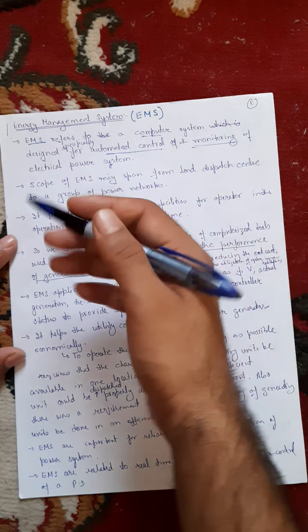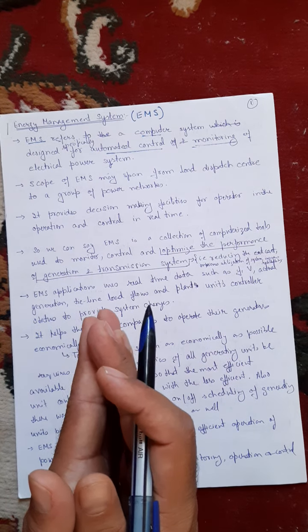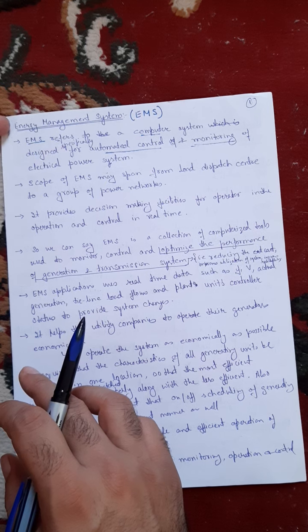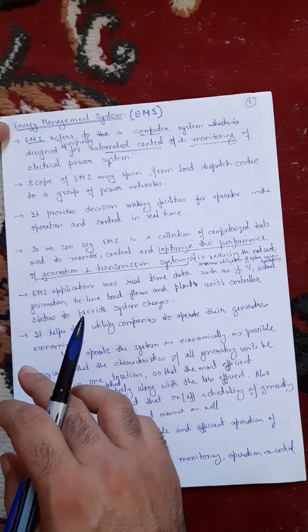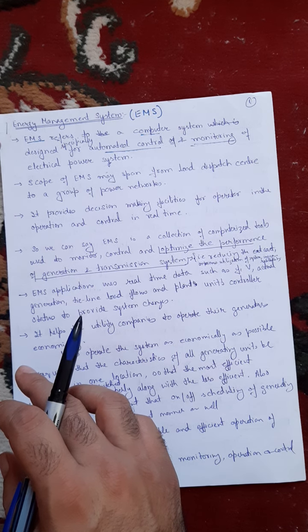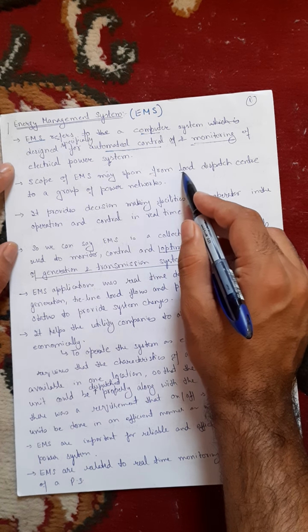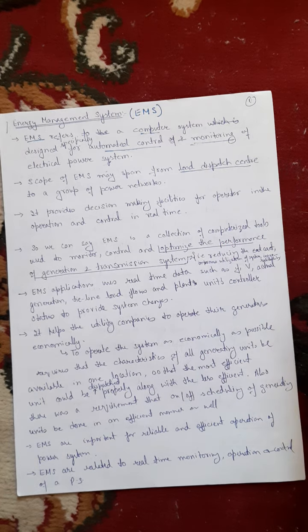I will tell you about the evolution of the energy management system. First, energy management was not named energy management system, it was named load dispatch center. In our state, we have two state load dispatch centers: one is in Srinagar and another is in Jammu, Gladni.